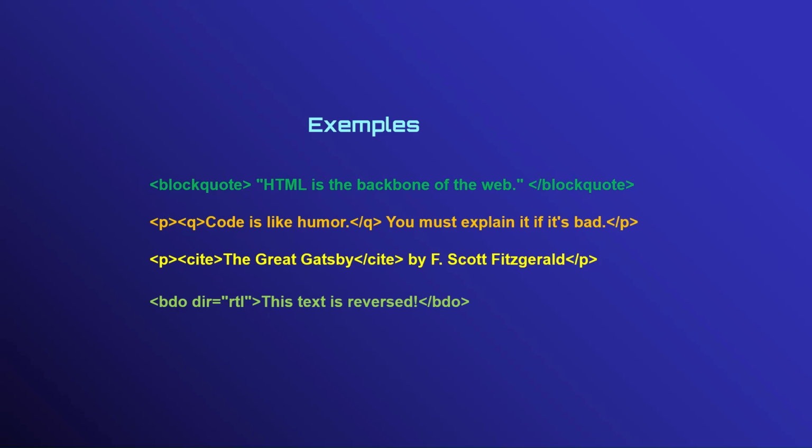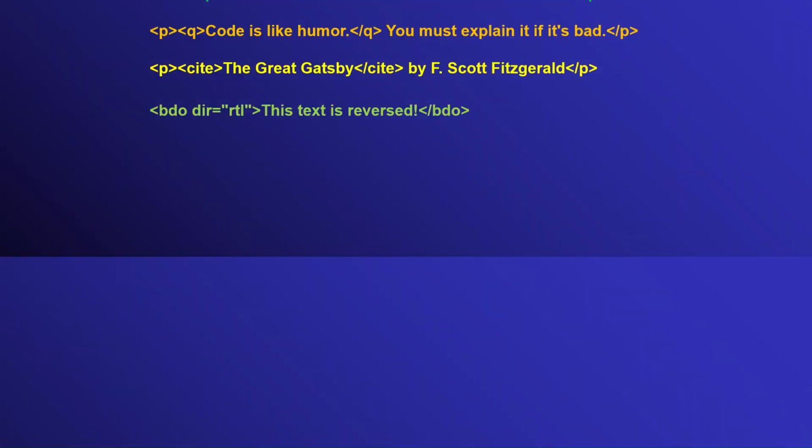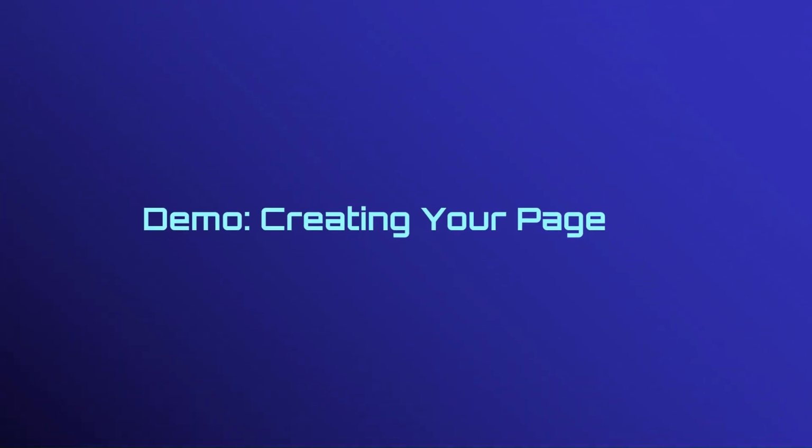In our demo, we are going to see how these elements or tags work. So now we'll be doing some demo and see how we are able to use some of these HTML quotation elements and tags.